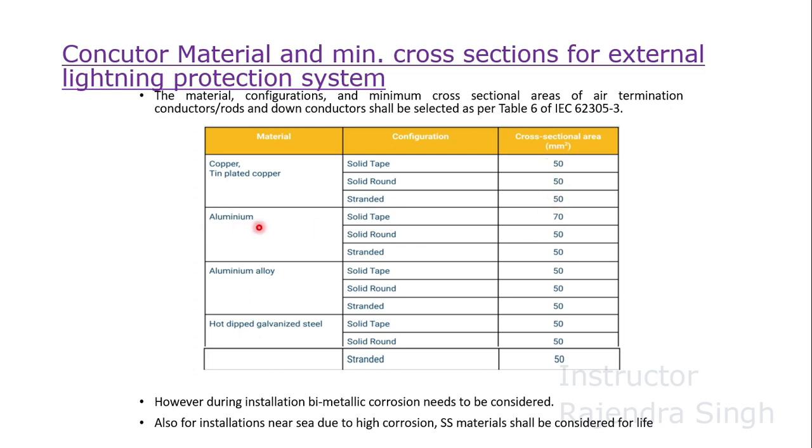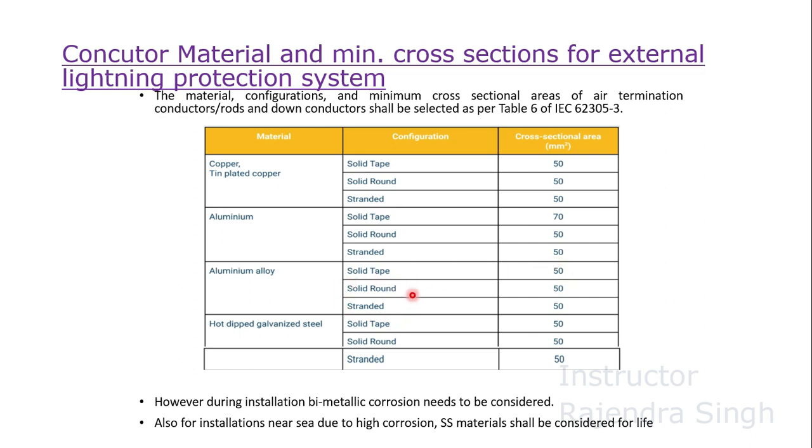If the material is aluminium, solid tape, then the minimum cross sectional area has to be 70 mm square. If it's a solid round conductor, then 50 square mm would suffice. If it is stranded, then 50 square mm would be the minimum cross sectional area. If it's an aluminium alloy and solid tape in configuration, then 50 square mm would be the minimum cross sectional area.